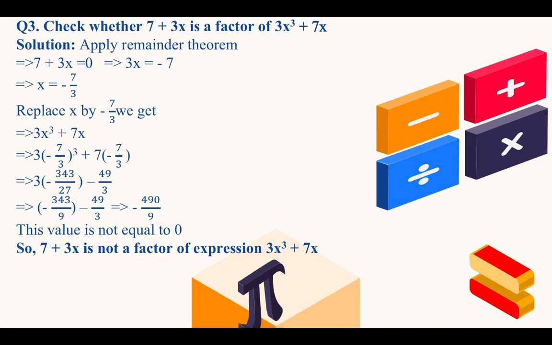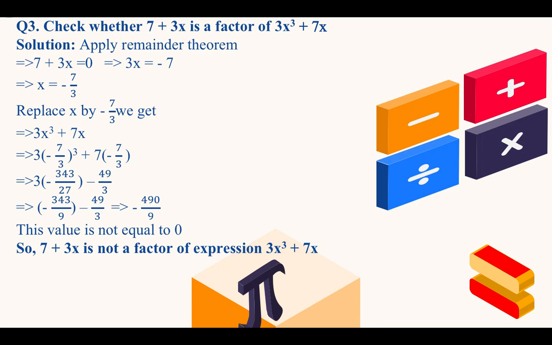So I'll solve the bracket. 7 cube is 343, and the minus sign multiplied 3 times, minus into minus will be a minus only, and 3 cube is 27. So I get 3 and in brackets I have minus 343 divided by 27.